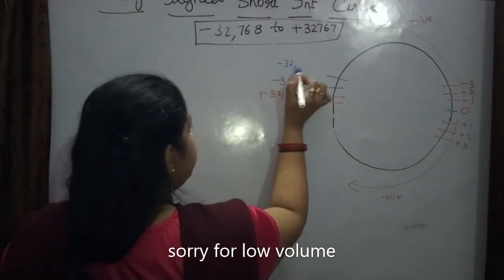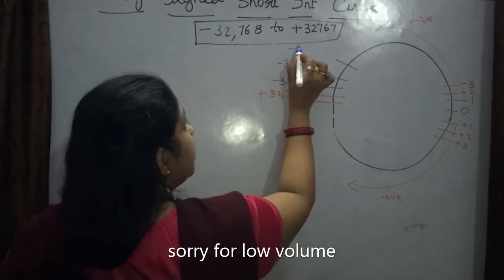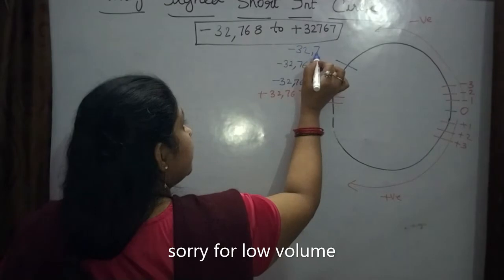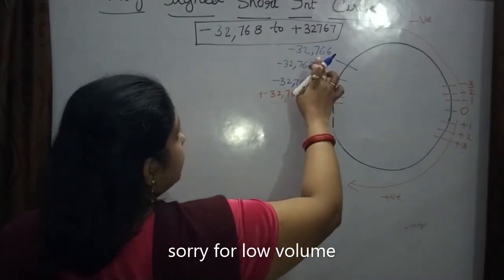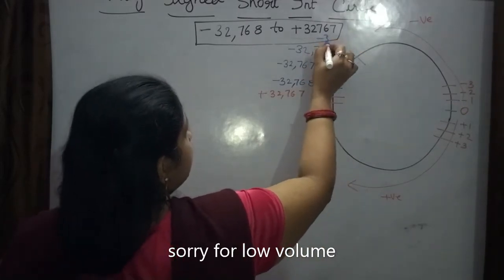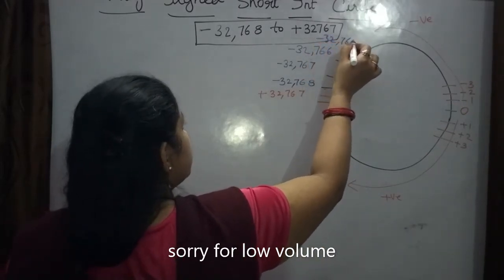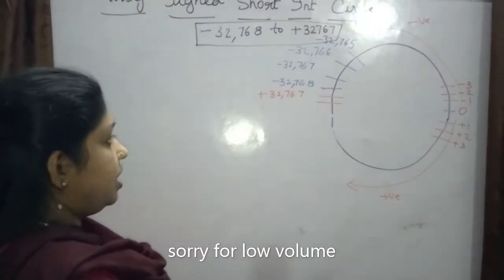Minus 32,767. Next number will be minus 32,766, right? Next minus 32,765. Okay. Now here also the same thing.